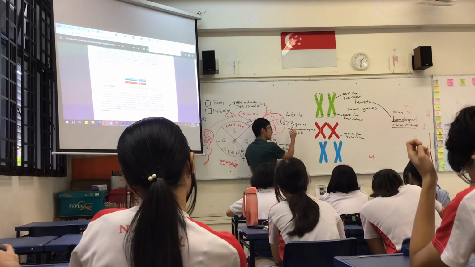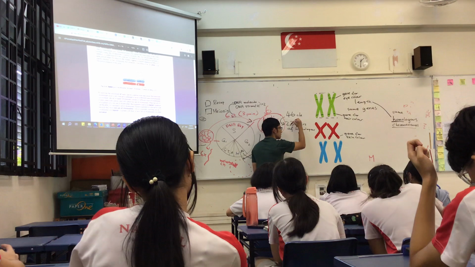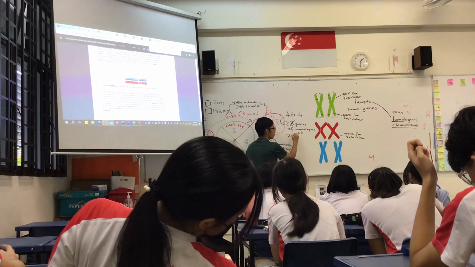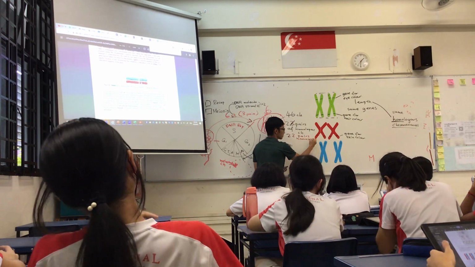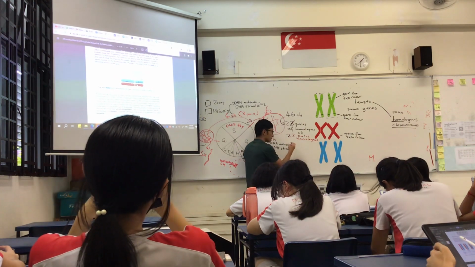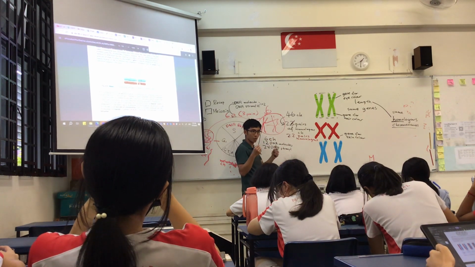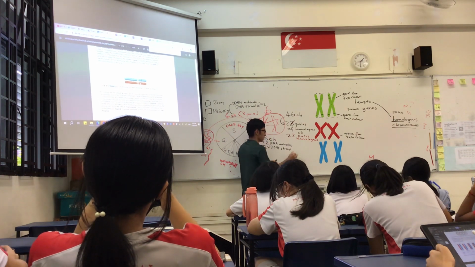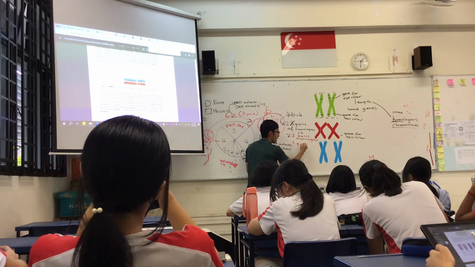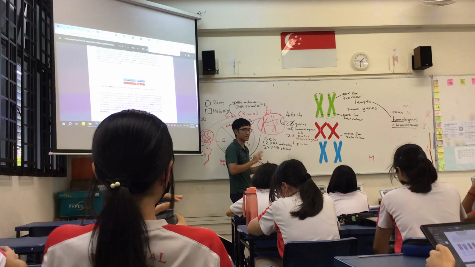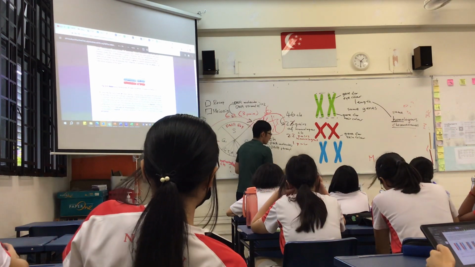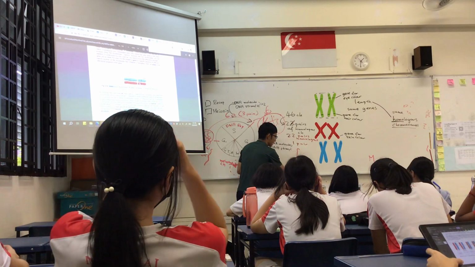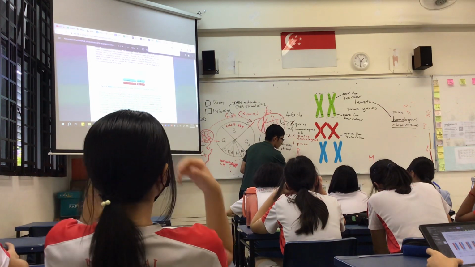I'd like to make a slight correction. Sometimes people say that we only have 22 pairs of homologous chromosomes. Actually, the final pair of chromosomes within all of your cells, the last pair, the two chromosomes aren't exactly the same. Those are your sex chromosomes, because the X chromosome is much longer than the Y chromosome.